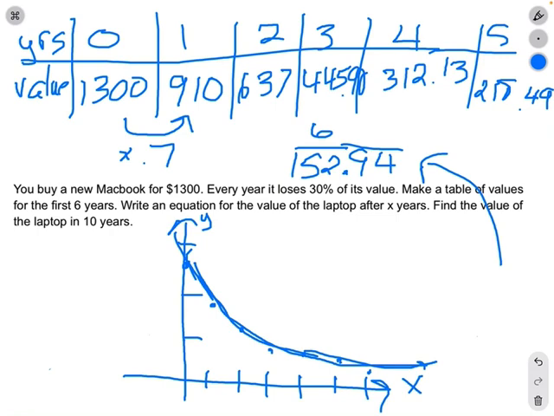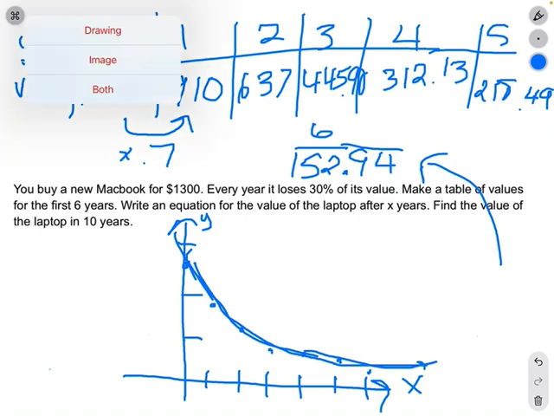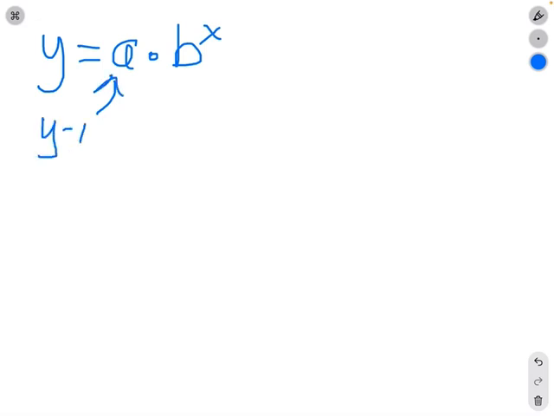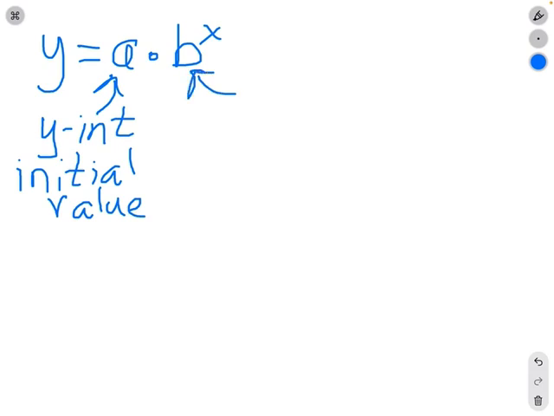Yes? All right, so the basics for exponential functions are, let me get rid of everything here. For exponential functions, our basic equation is y equals a times b to the x. A, again, is that initial value. That's our y-intercept. And b for this one is our multiplier.